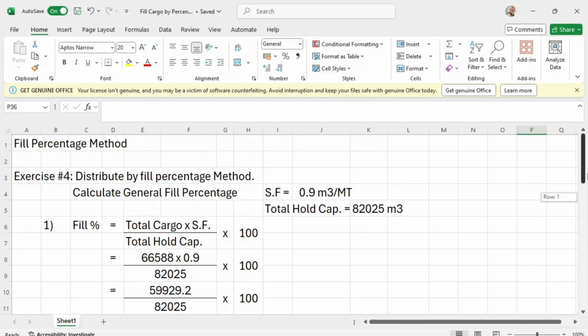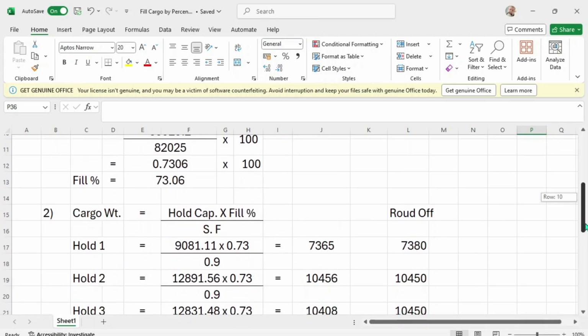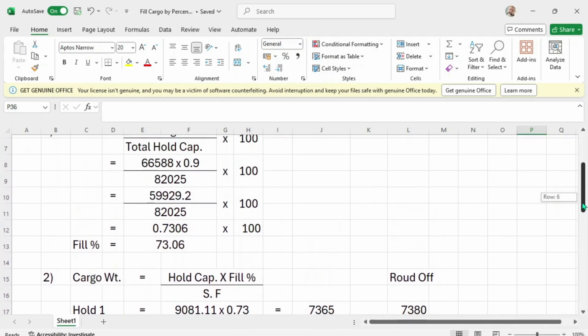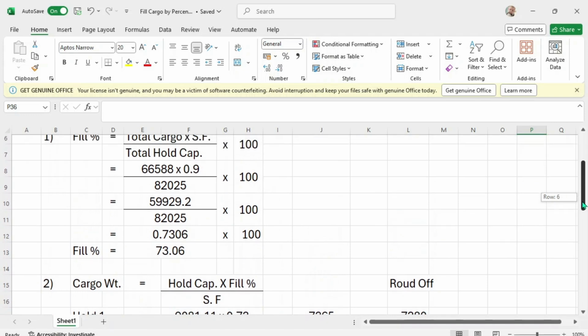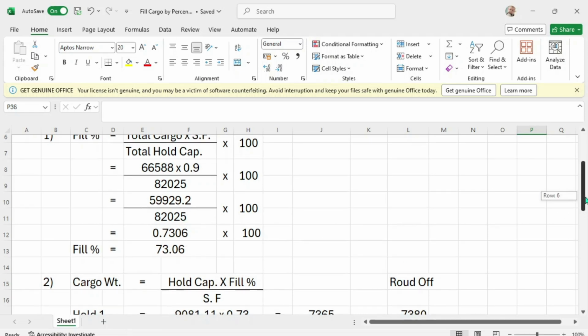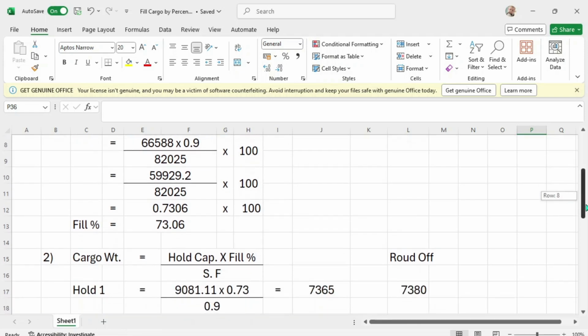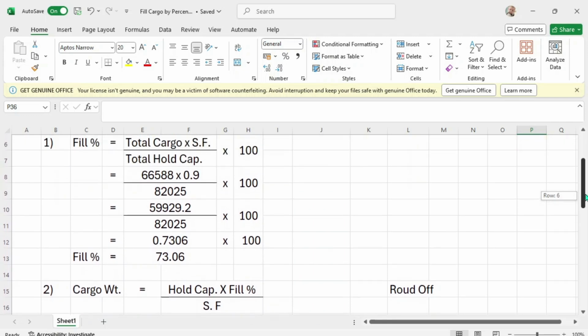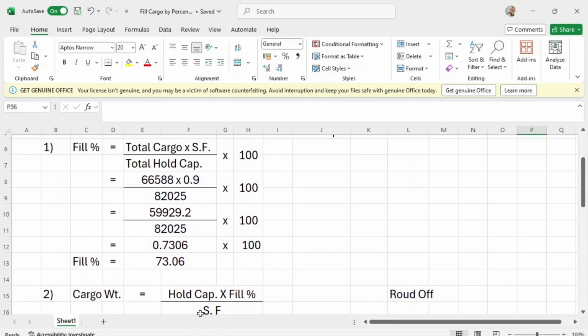Number 2, how to compute for the cargo weight to be filled in each hold? That will be the hold capacity. So what is your hold capacity?